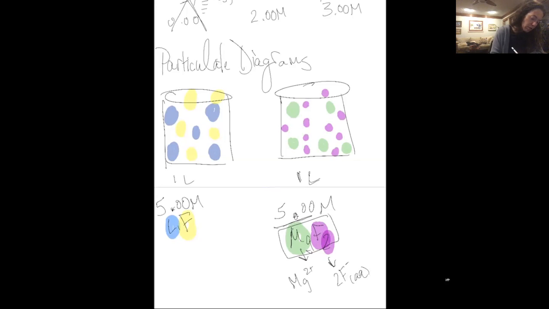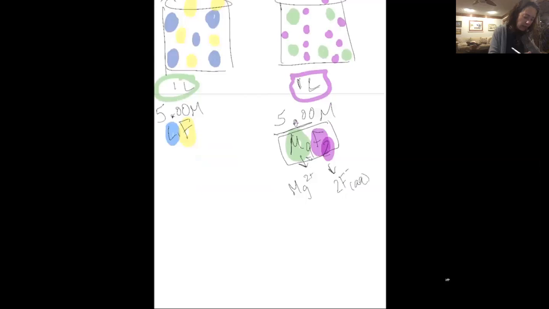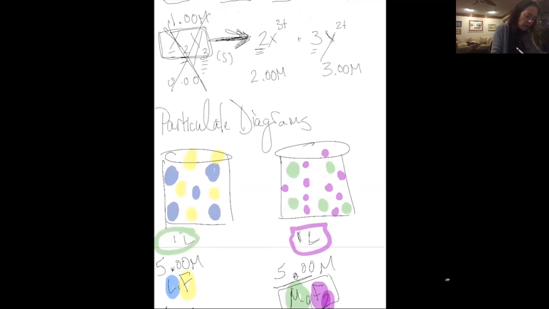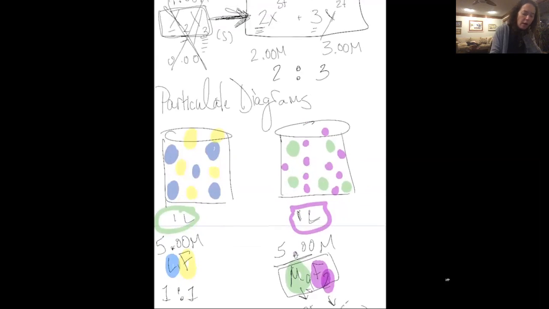Because I have chosen 1 liter in both cases, the molarity is essentially the moles, all right? And here I see that my moles need to be in a 1-to-2 ratio. And over here I have a 1-to-1 ratio, right? If it was referencing this substance here, I would have a 2-to-3 ratio. Okay.